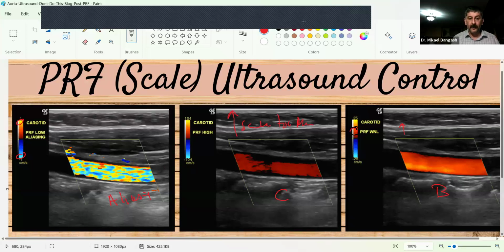So a velocity which otherwise was represented by this color here is now represented by this color. And it's only going to show the high velocities because it got less sensitive to these low velocities that we had here.